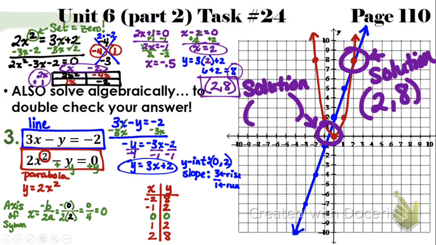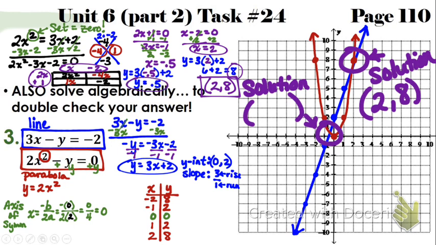And then we substitute that in. So I have 3 times negative 0.5 plus 2. We need solutions for everywhere it's crossing, everywhere the line is crossing the parabola. What do you get when you do 3 times negative 0.5? Negative 1.5. And then plus 2, we get 0.5.